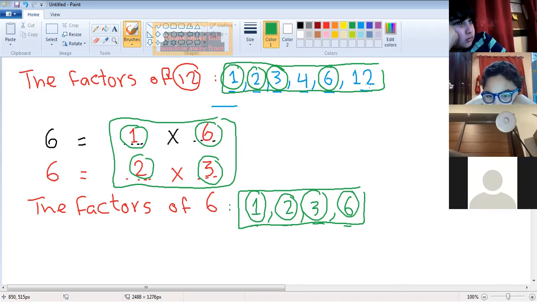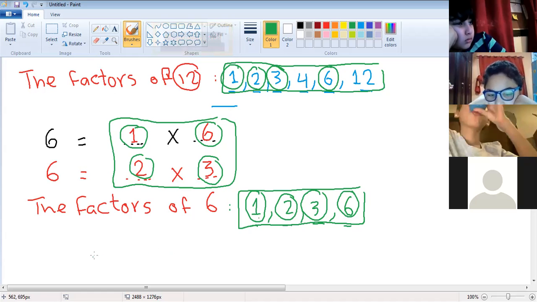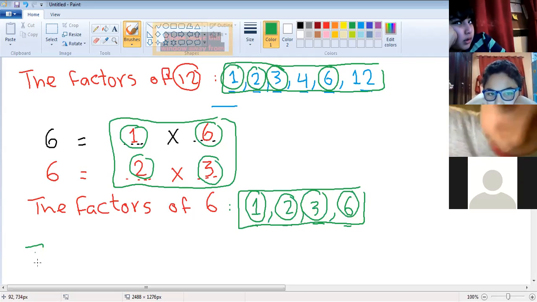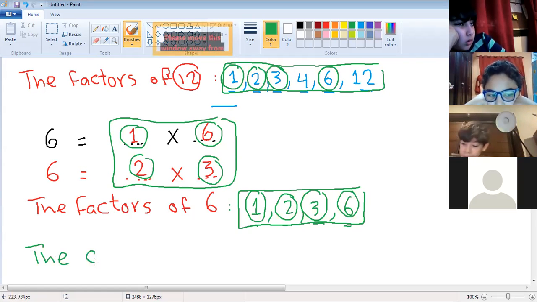Factors of 12, we have 12 here. Do we have 12 down? No. So write down here the common factors.